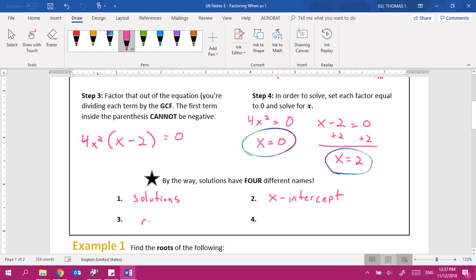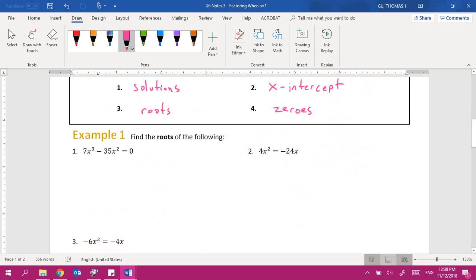Another one would be roots. And the last way you might see it is going to be zeros. So they could say, give the solutions, give the roots, find the zeros, whatever. All of that just means you're trying to find x. What does x equal?